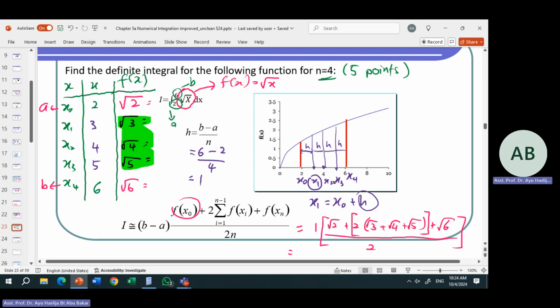So I get, correct. Okay, this, why I don't multiply by the n, because I use the h straight away. H is b minus a with the n already. B minus a over n.